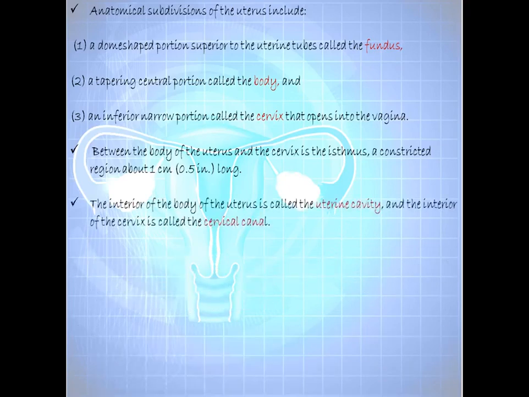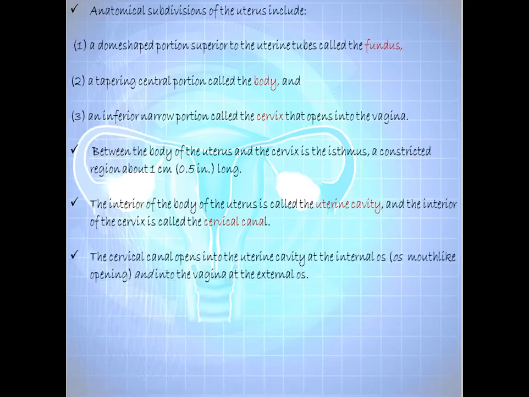The interior of the body of the uterus is called the uterine cavity and the interior of the cervix is called the cervical canal. The cervical canal opens into the uterine cavity at the internal os and into the vagina at the external os.